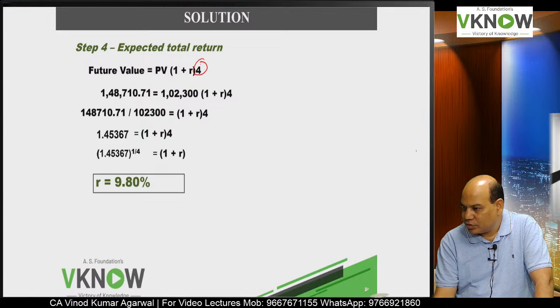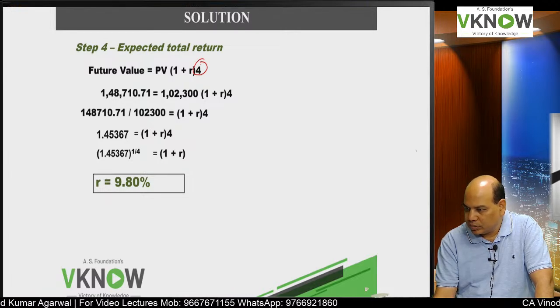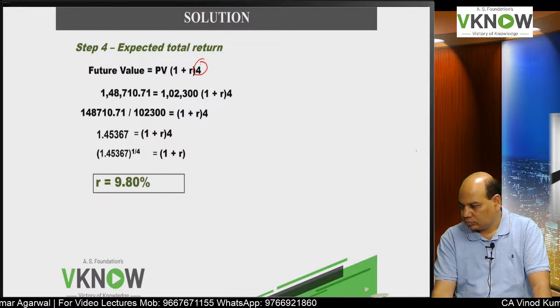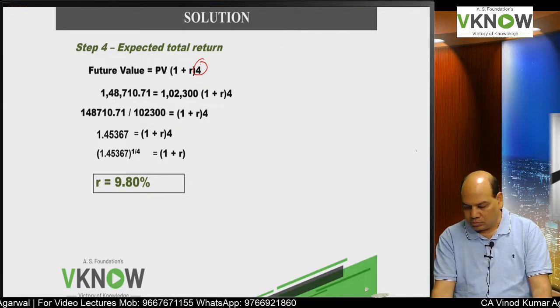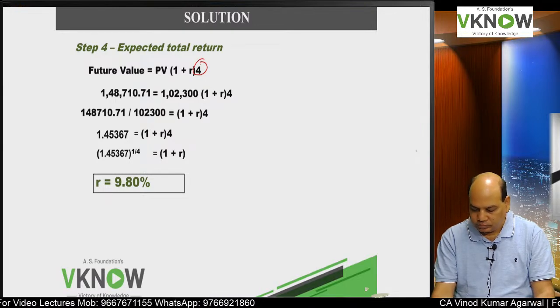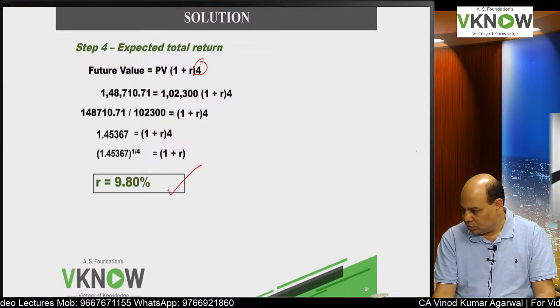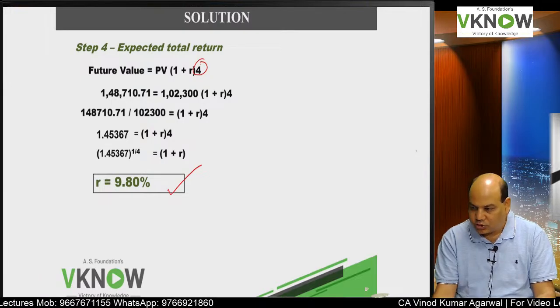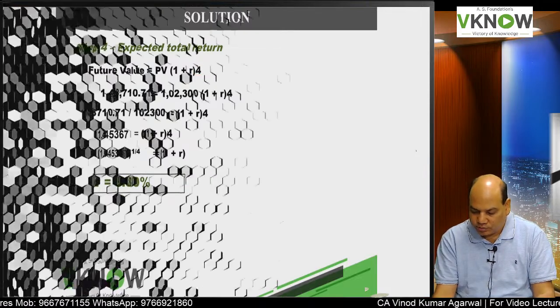Yes, you are right, 9.8%. Many students have got it. So this is the answer of realized yield to maturity.